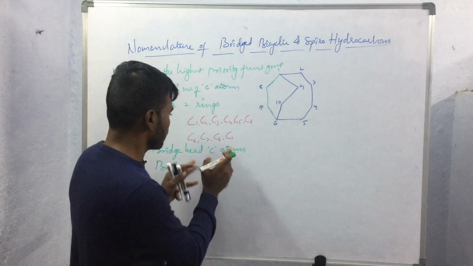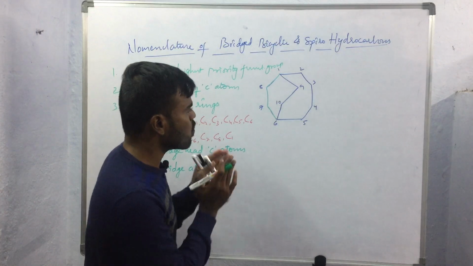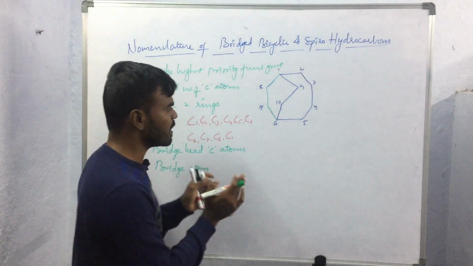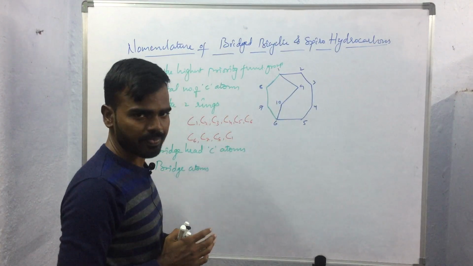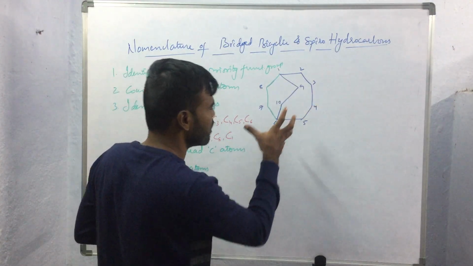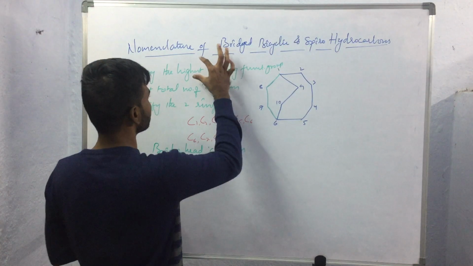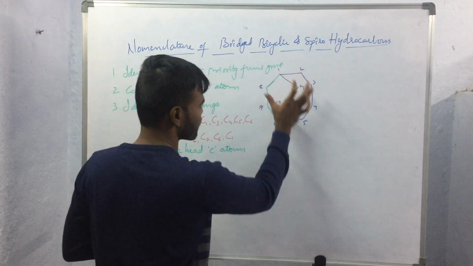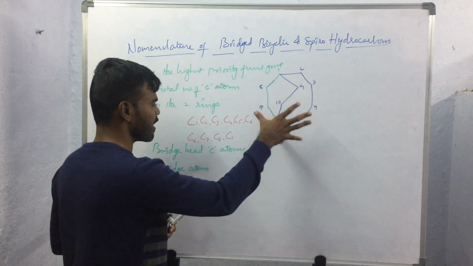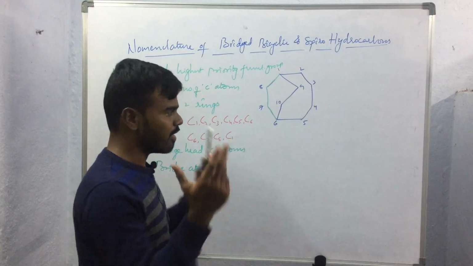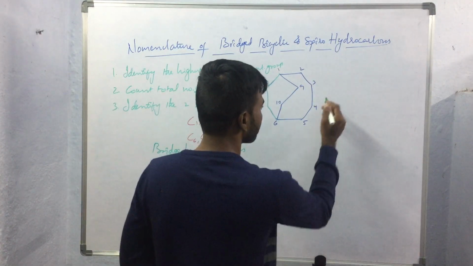Now, here what we have to do is number the carbon atoms. We counted the total number of carbon atoms. First of all, we selected the highest priority functional group. Then we counted the total number of carbon atoms, and we have taken the root name decane.